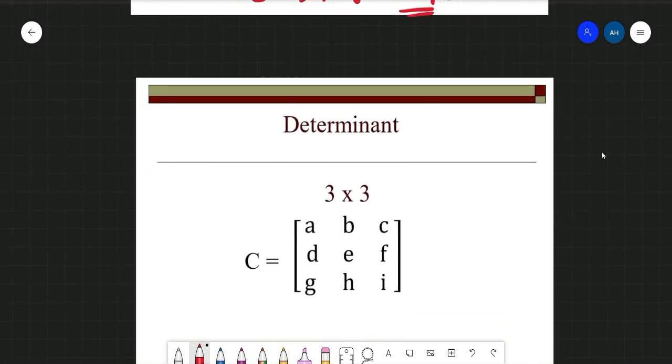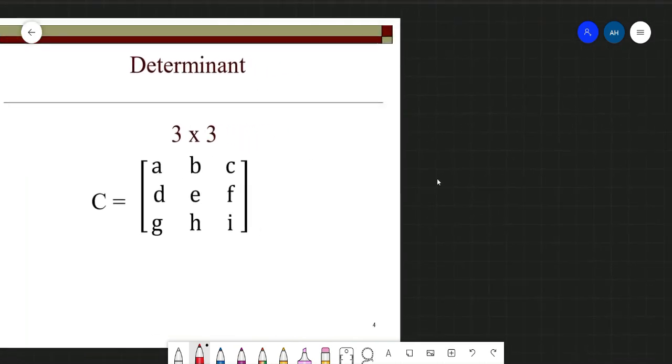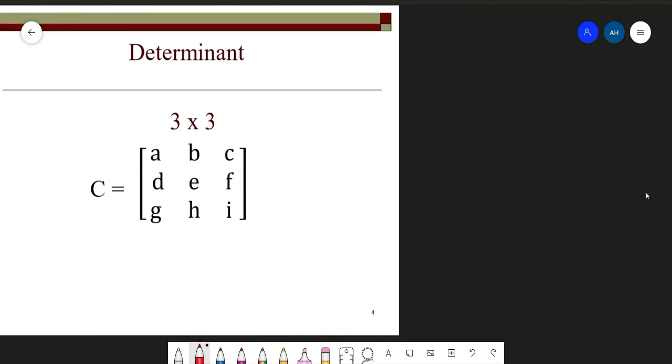Now for a 3 by 3 matrix, in general, call this matrix C, having elements a, b, c in the first row, d, e, f in the second row, and g, h, i in the last row, or the third row. So how to find the determinant of a 3 by 3 matrix?